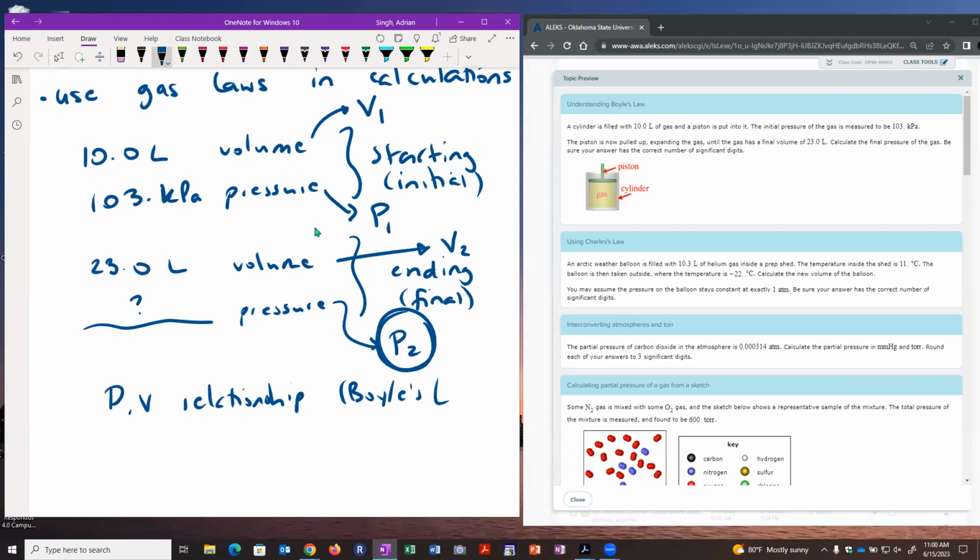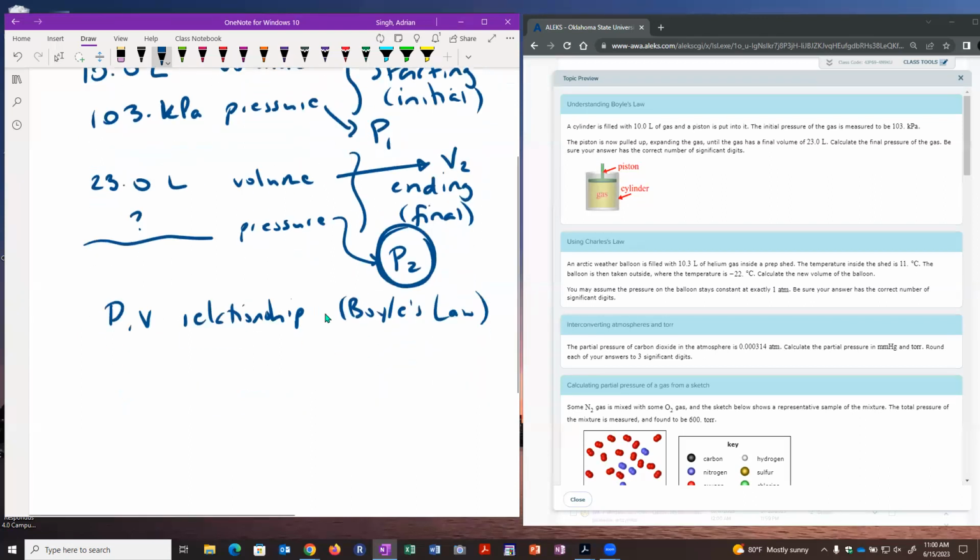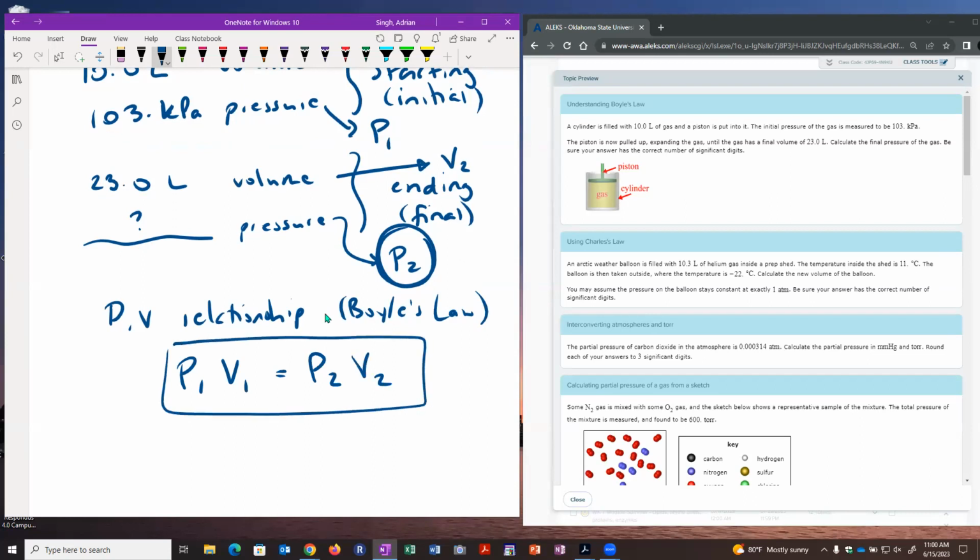And it's all well and good to know the name of the law, but what's more important is that you know the actual relationship between pressure and volume. And that relationship is P1 times V1 is equal to P2 times V2, right? That's the most important thing from the relationship.